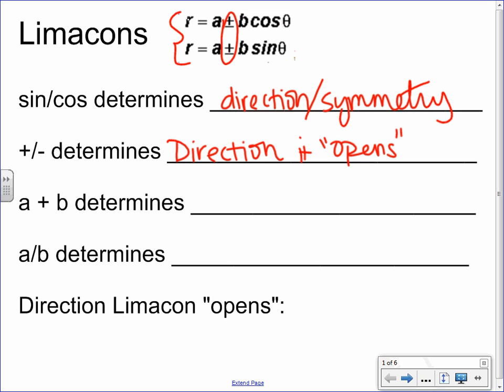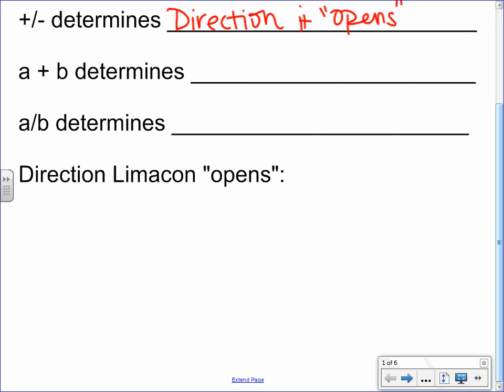You took notes, or you were supposed to take notes, on which direction these limacons are going to go. So would you like to talk about the sine or cosine ones first? Cosine. So we either have a plus b cosine theta or a minus b cosine theta. Now these are going to be symmetric about the horizontal axis, so they're either going to quote unquote open, which way?